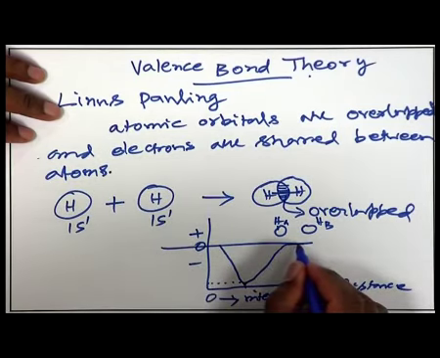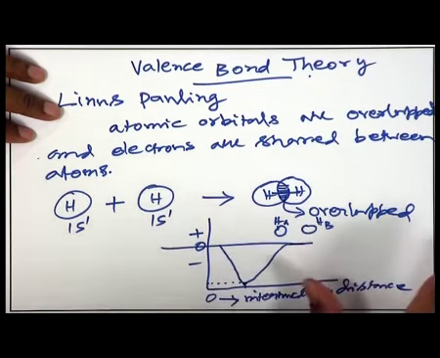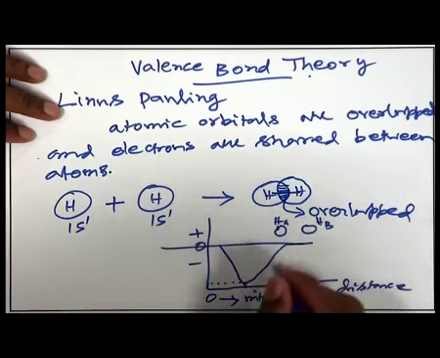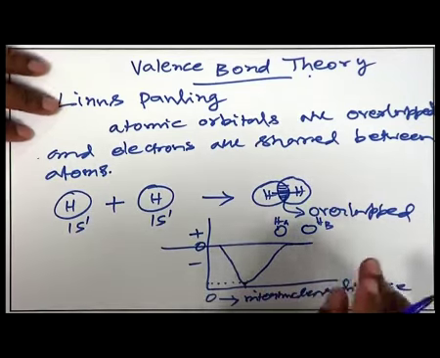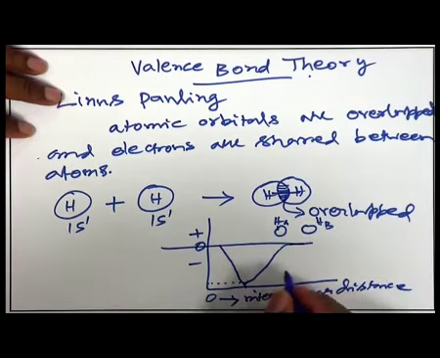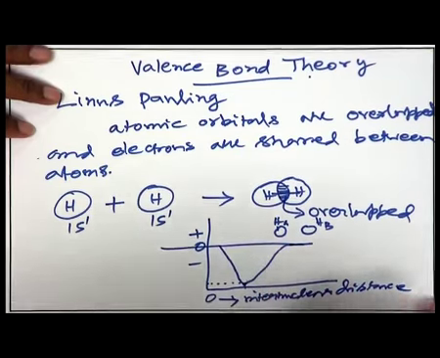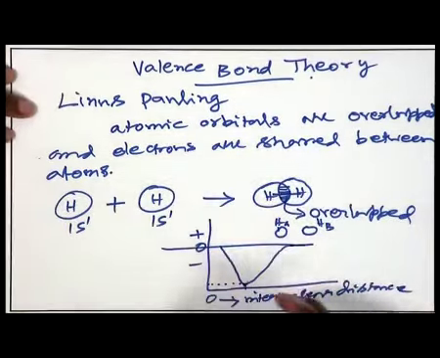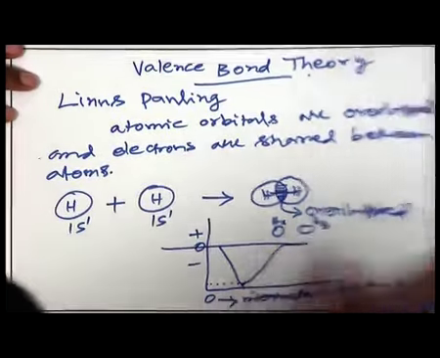At this stage the energy is higher, here the energy is lower because a bond is formed. When a bond is formed it becomes more stable, and that difference in energy level is released. As a result a stable molecule is formed. In this way bond formation is explained in valence bond theory.